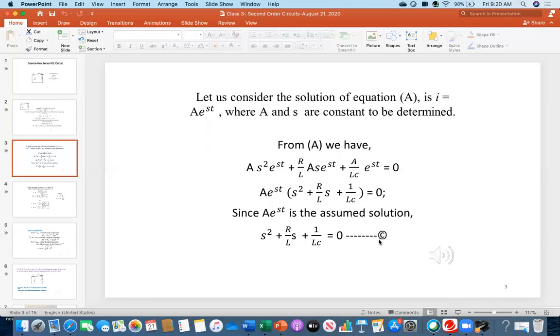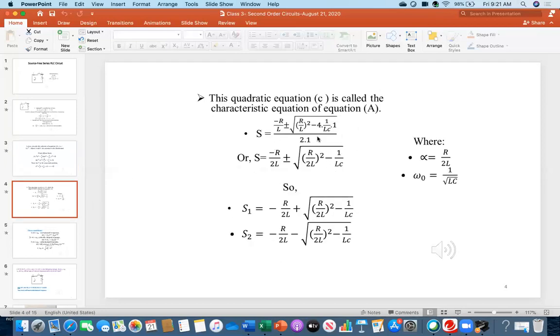I have given the name C, and this C equation is a quadratic equation. Therefore, s will have two values, one with the plus sign, other with the minus sign, exactly the same thing that we did. So now what is the solution of s? Look at this one. Yes, exactly: s equals minus b plus minus root over b square minus 4ac over 2a. Do you understand what I am telling?